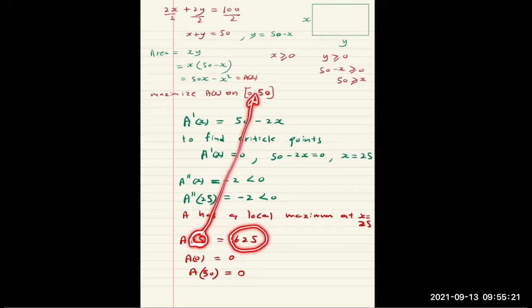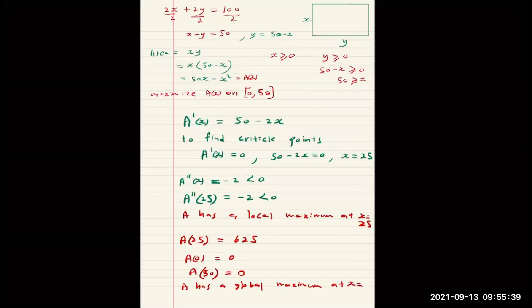That means A has a global maximum at x is equal to 25.